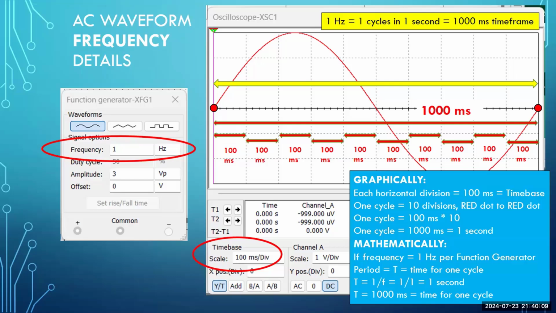We said that period was the reciprocal of frequency. So if you know frequency, you pop it into this formula, you can calculate the period. Since frequency is 1, 1 divided by 1 gives you 1. So the period is 1 second, or also 1,000 milliseconds, which is the time for one cycle. Let us continue.